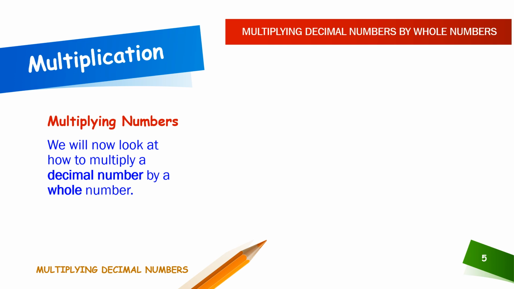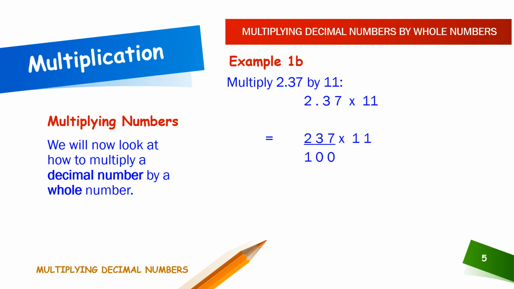Let's look at another example. We're going to consider how to multiply 2.37 by 11. Similar to the previous example, 2.37 can be written as 237 divided by 100. 237 multiplied by 11 equals 2,607.